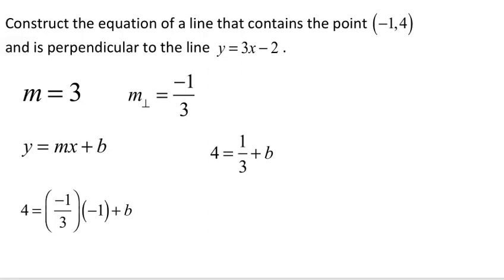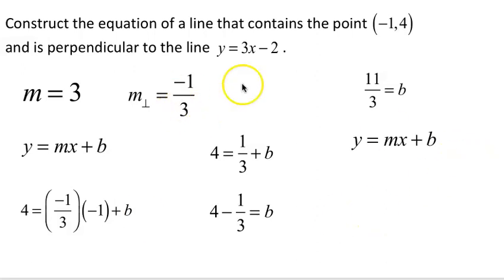So now I have 4 equals 1/3 plus b, subtract 1/3 from both sides. 12 minus 1, 11/3 is what we'll get there. So the slope of the perpendicular line is negative 1/3, and the y-intercept is 11/3. Let's put those together, and what do I get? Y equals mx plus b, plugging in the values, y equals negative 1/3 x plus 11/3.